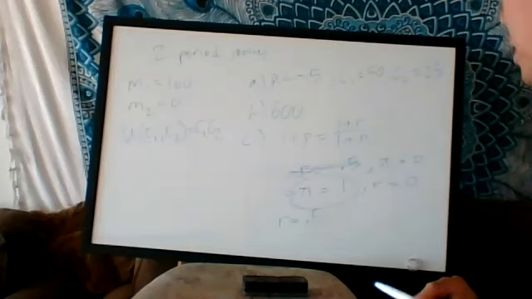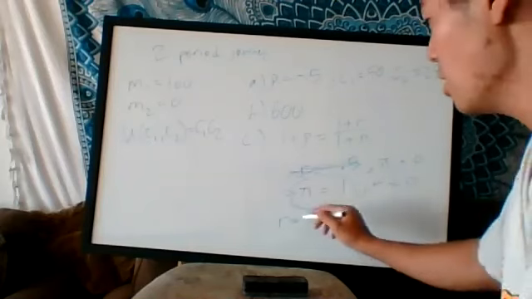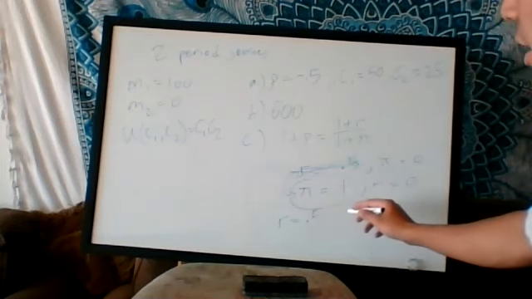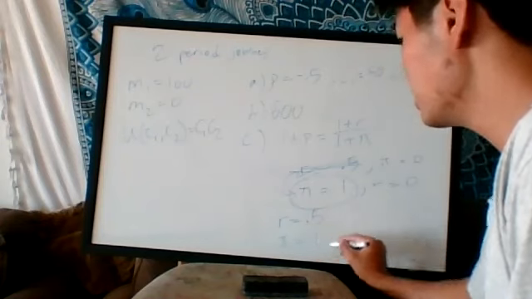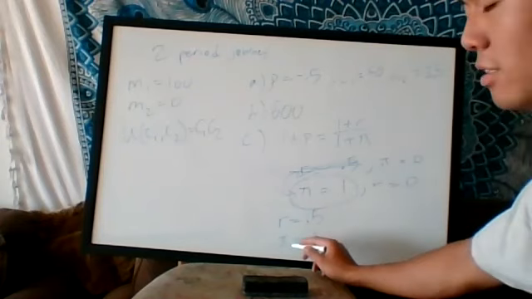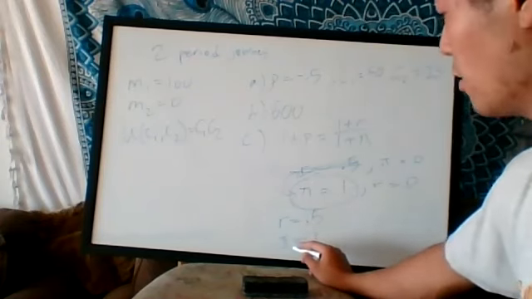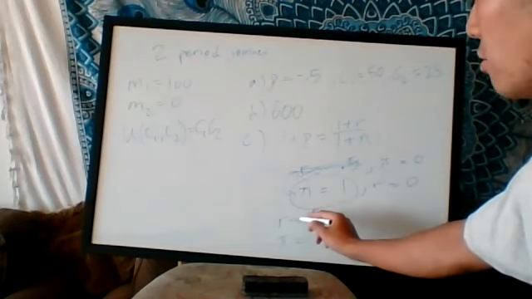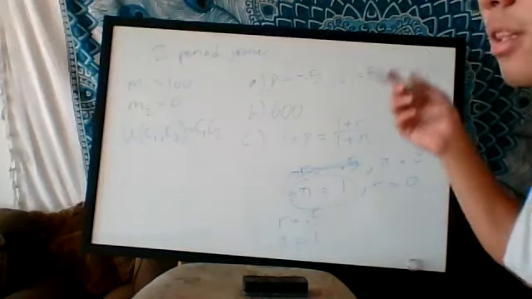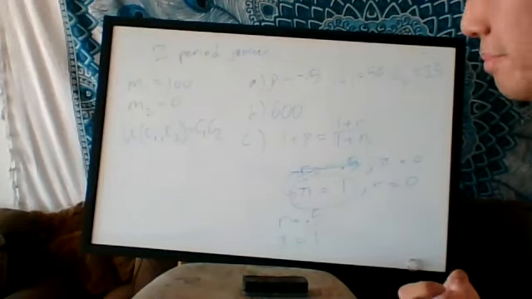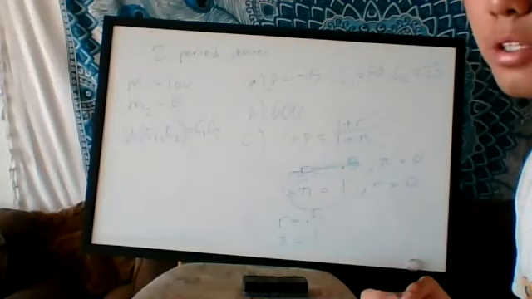So in part C, we're going to say that r is equal to 0.5 and that pi is equal to 1, because pi equal to 1 captures the effect of the rats, and r equal to 0.5 captures the effect of the plants growing into 1.5 times as much.